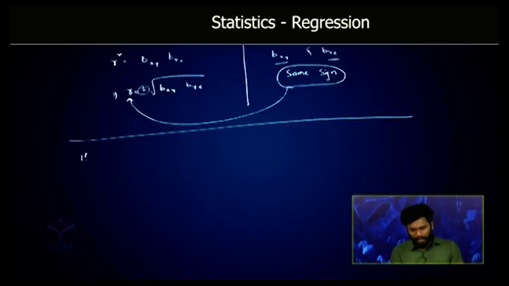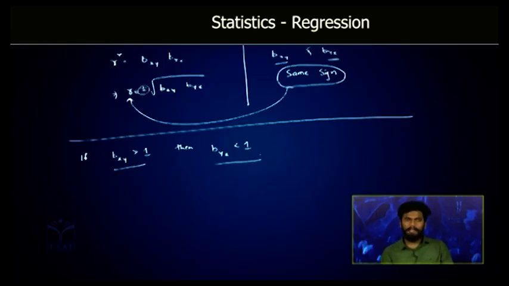Now, if bxy is greater than 1, that is, if bxy is greater than unity, then byx must be less than unity. If one is greater than 1, the other obviously has to be less than 1. So that is one of the properties.